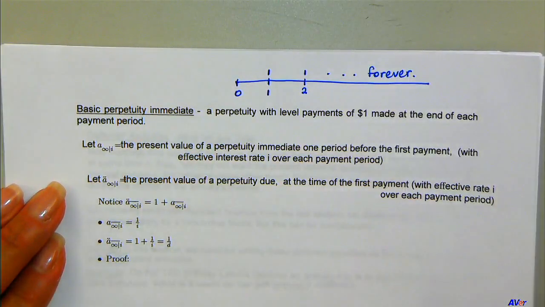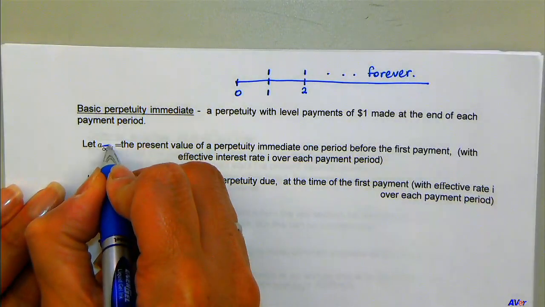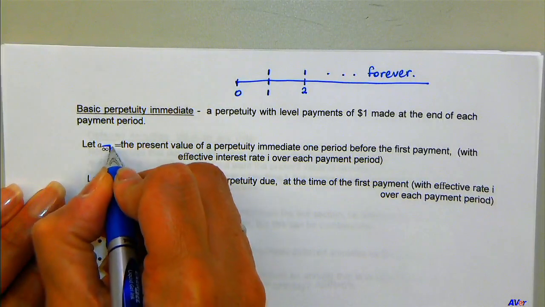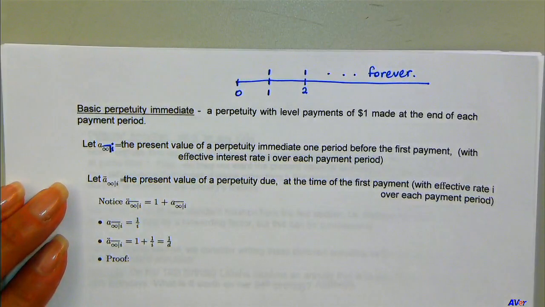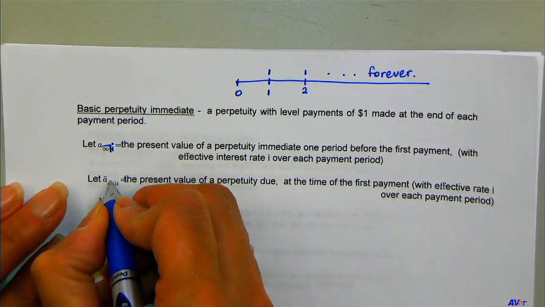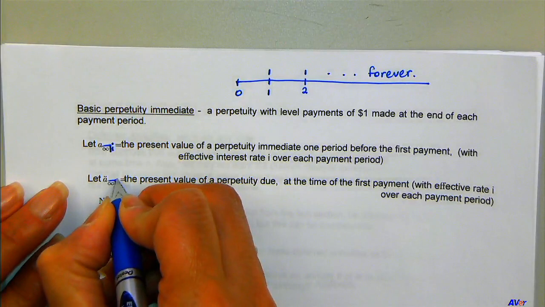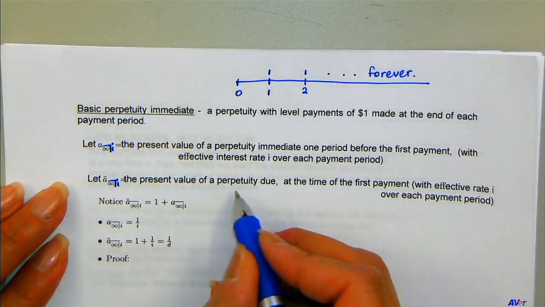Let a angle infinity i be the present value of a perpetuity immediate one period before the first payment with effective interest rate i over each payment period. And let ä angle infinity i be the present value of a perpetuity due.